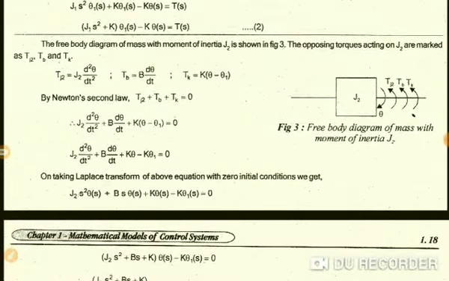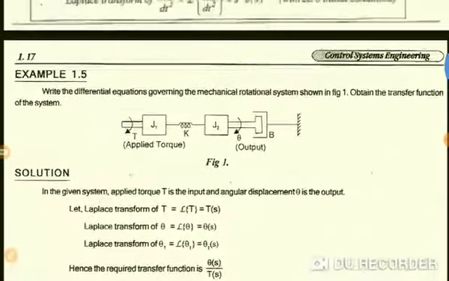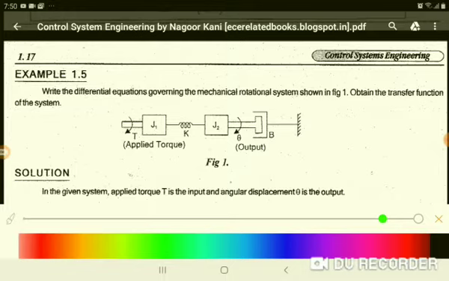Now draw the free body diagram for J2. Refresh what elements and torques are connected with J2. Its own opposing torque J2, then the torque of K, because K is connected between J2 and J1, so it becomes K of theta minus theta 1.